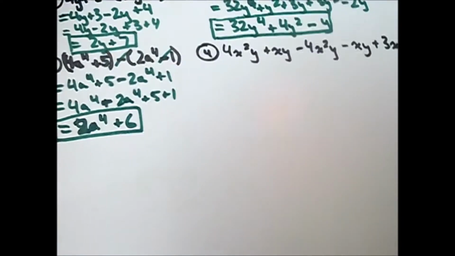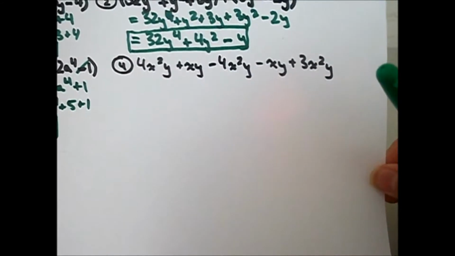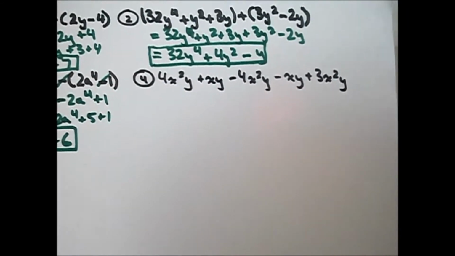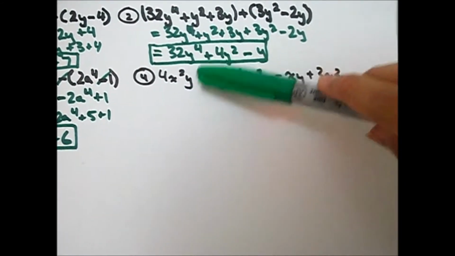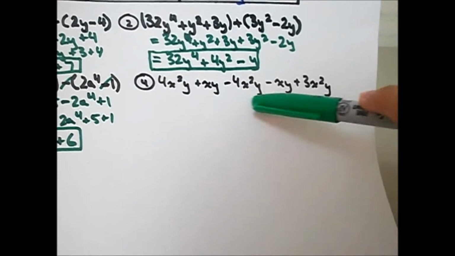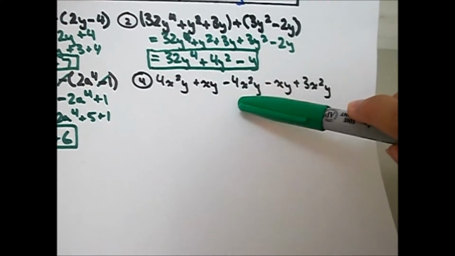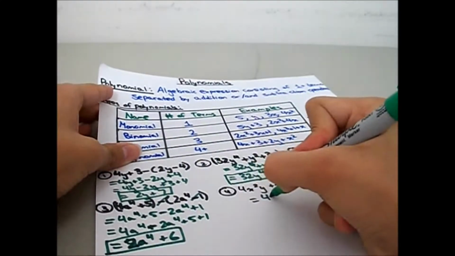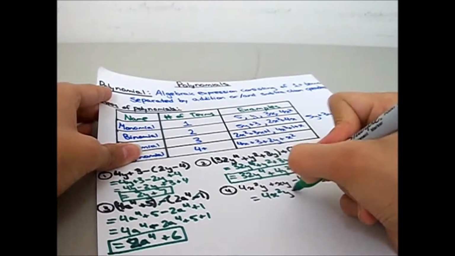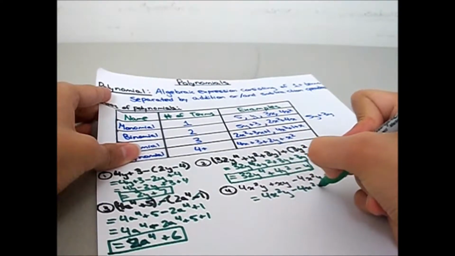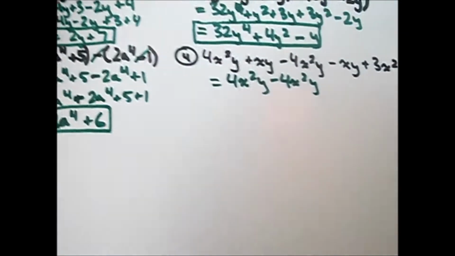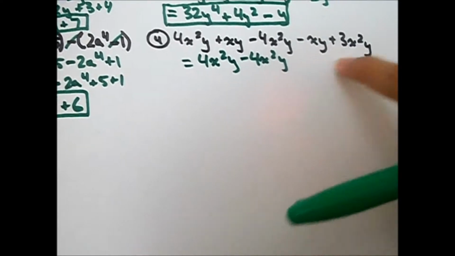And this is a long one, but there's no brackets, so we can just collect the like terms. We have 4x squared y, and let's look for its like term. Perfect, 4x squared y. Then we have xy, and we also have negative xy.